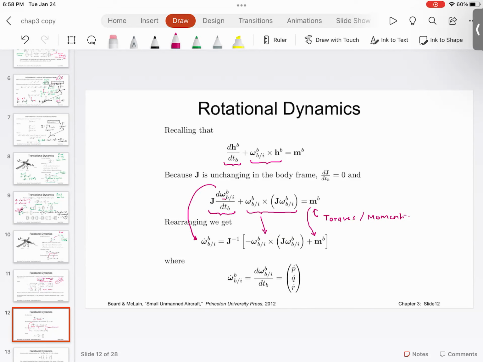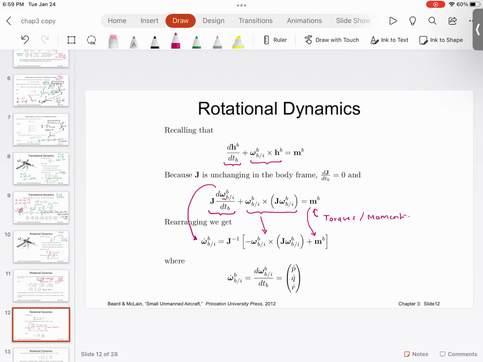So let's define for a second. We are in the body frame. In the body frame, the angular velocities are P, Q, R, and the angular accelerations are going to be P dot, Q dot, and R dot. Everyone understood this? We are working in the body frame. In the body frame, we have U, V, W, and then we have P, Q, and R. So the derivative of omega is P dot, Q dot, R dot.